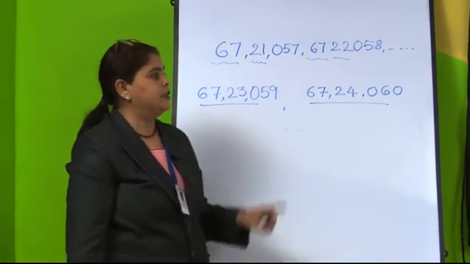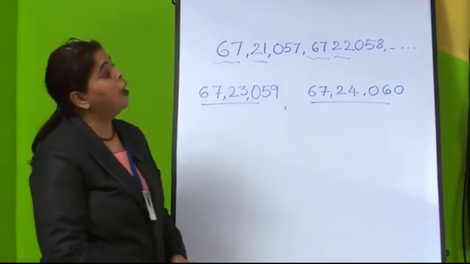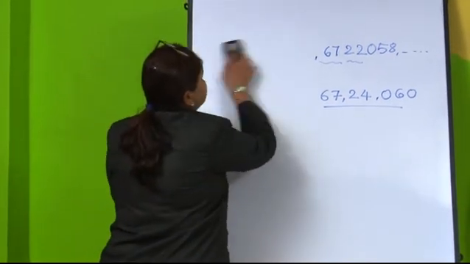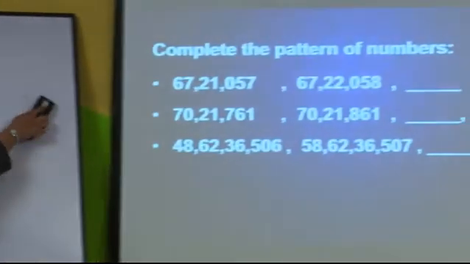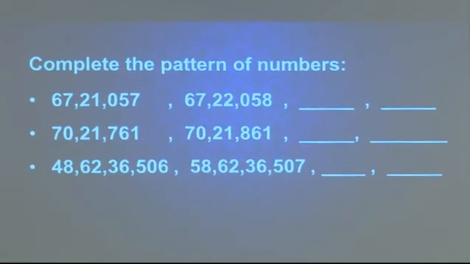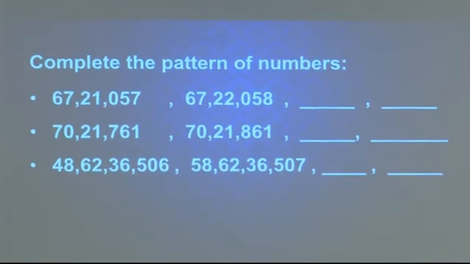Yes, you are right. So, you understood how to complete the pattern of a number just by seeing the places, in which place we have to change the number, because here we have already inserted the commas, so you can know what the places are.